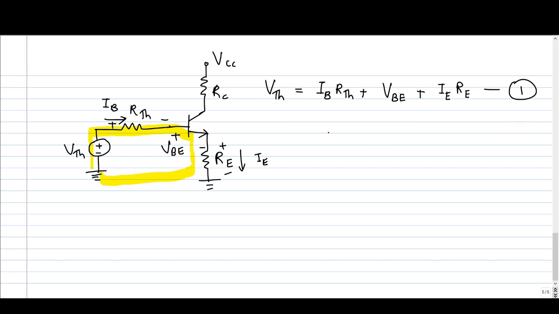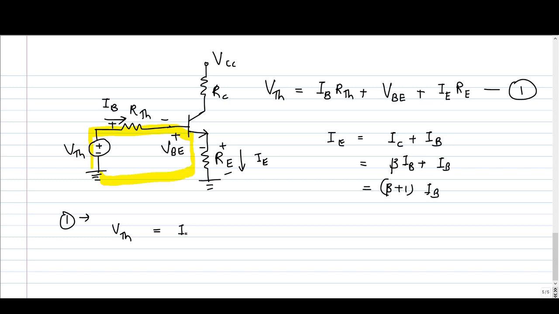Now we can replace IE by IC plus IB, and IC is nothing but beta IB. So it is beta plus 1 into IB. So I can replace IE by beta plus 1 into IB. So equation number 1 becomes VTH is equal to IB into RTH plus VBE plus beta plus 1 into IB into RE.